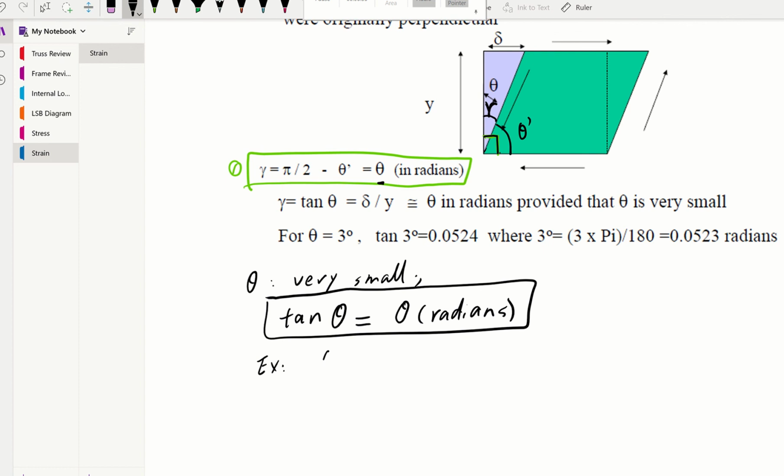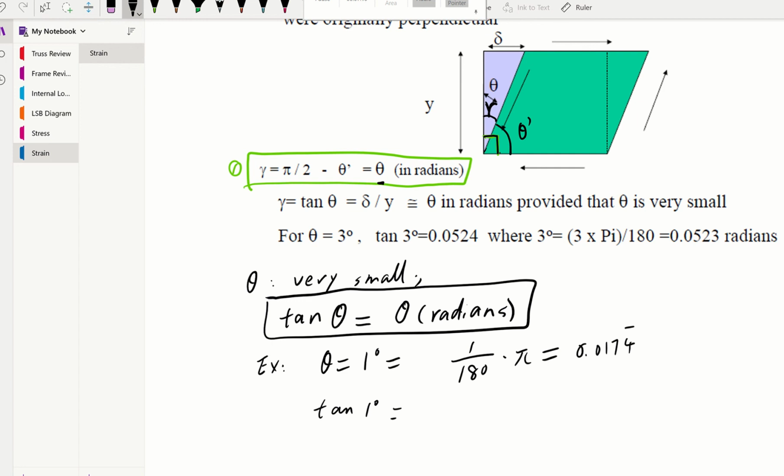Let's say the angle theta is 1 degree. What's 1 degree in radians? That would be 1 over 180 times pi, right? Let's put it in the calculator. Pi over 180 gives us a very small value, about 0.0174.